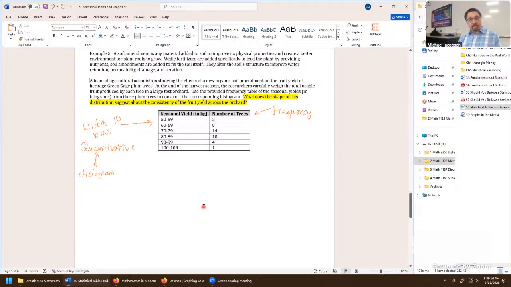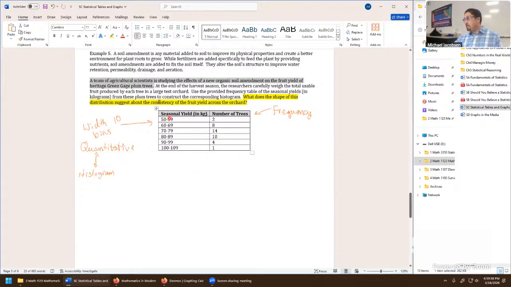So that's the start of the context. We're thinking about soil amendments, stuff we're putting into the soil. They can be organic or inorganic. And the actual study says a team of agricultural scientists is studying the effects of a new organic soil amendment on the fruit yield of heritage green gauge plum trees.